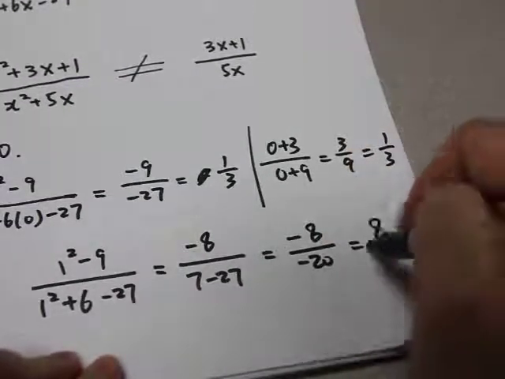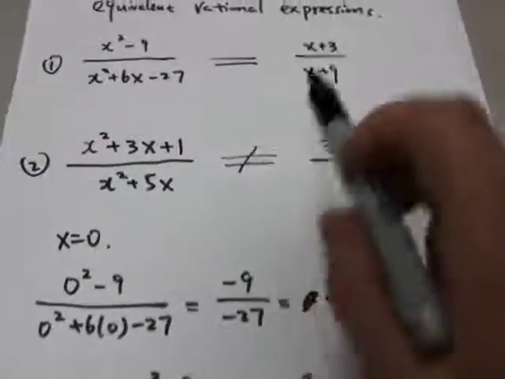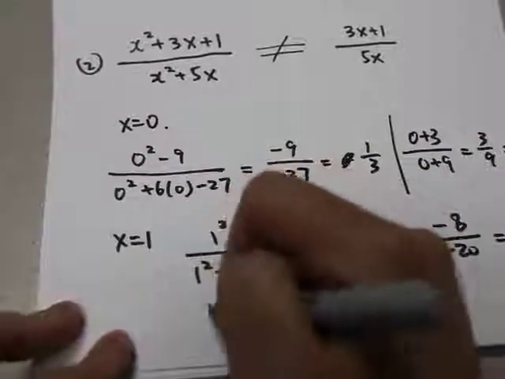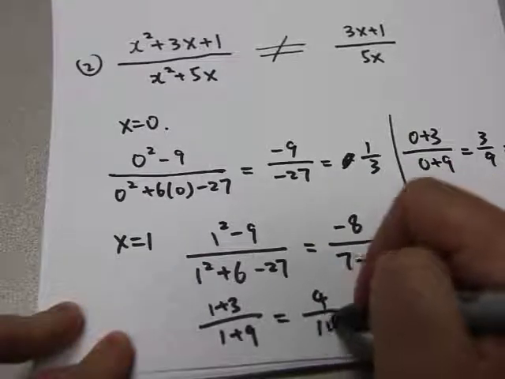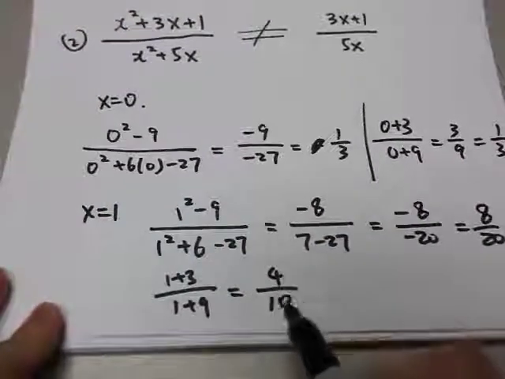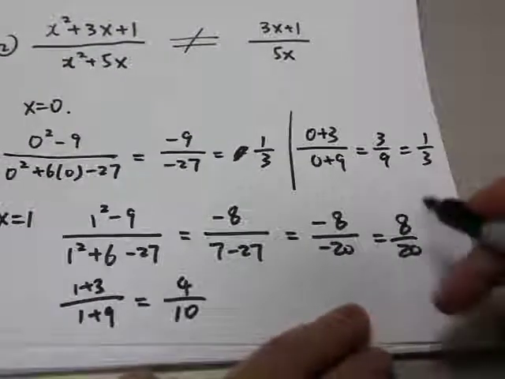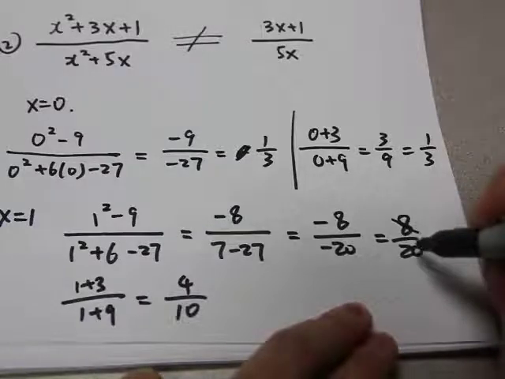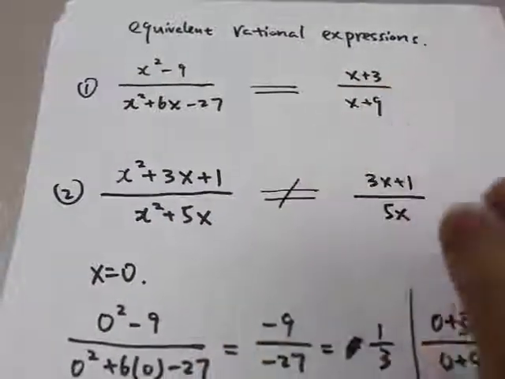So it's 8 over 20. And if I plug in 1 into this expression, I will get 1 plus 3 over 1 plus 9, which is 4 over 10. Now, 4 over 10 is equal to 8 over 20, right? Because if you divide by 2 on both numerator and denominator, you will get 4 over 10. So these two are equivalent.